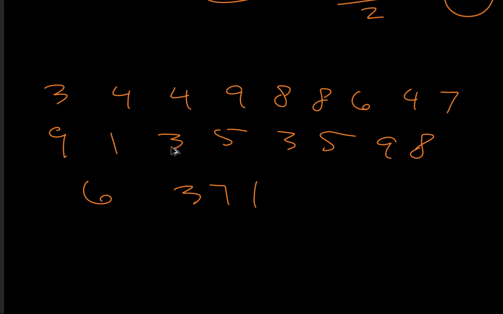It says the number of faulty products returned to an electrical goods store each day over a 21-day period. Let me make sure I got 21. 1, 2, 3, 4, 5, 6, 7, 8, 9, 10, 11. Yep, got it. 21. So we need to find the mean, median, and mode.